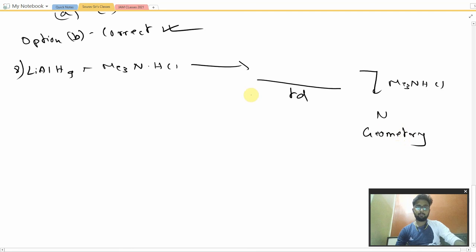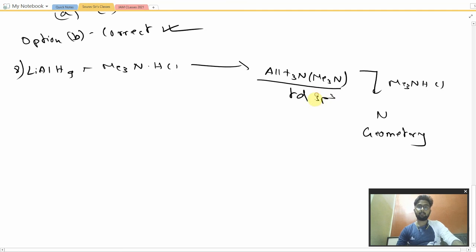The first compound that is formed is AlH3·NMe3. This is the first compound, which is obviously tetrahedral, since the aluminium is sp3 hybridized.